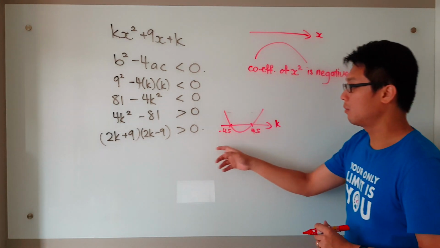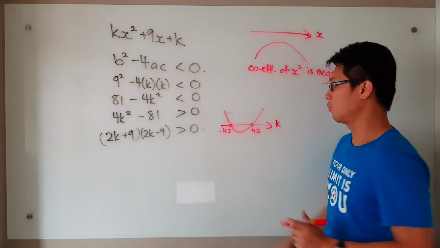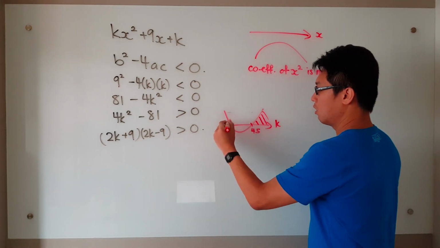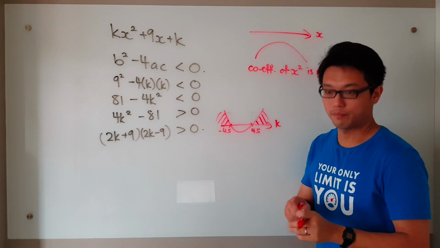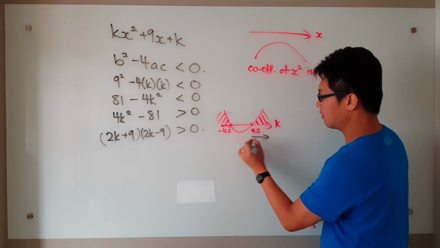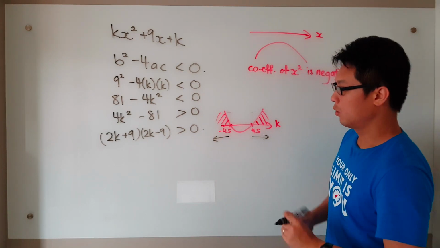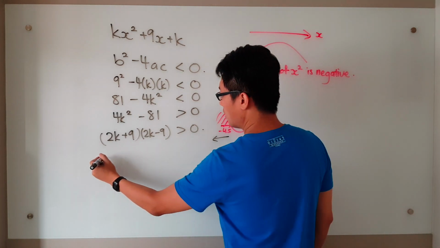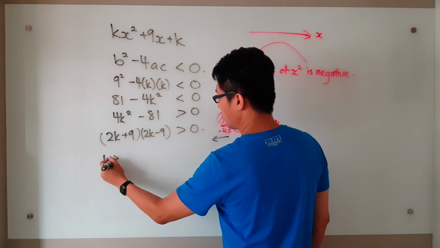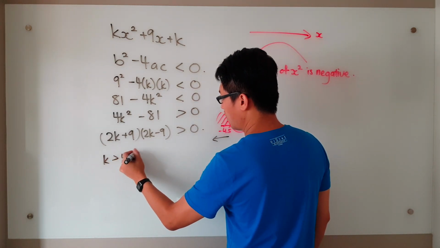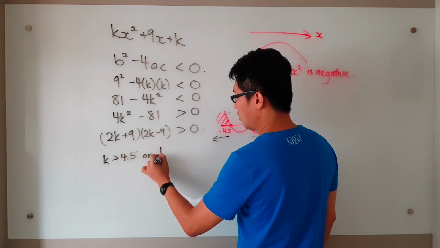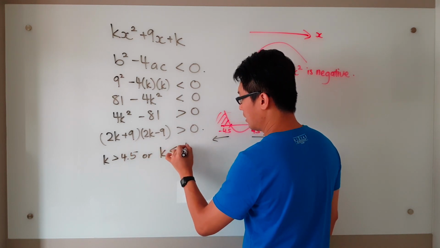So we want this to be greater than 0. We are interested in this portion or this portion, which means k has to be greater than 4.5 or k has to be less than negative 4.5.